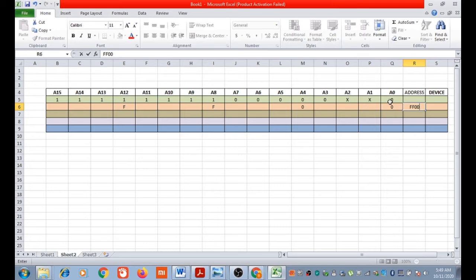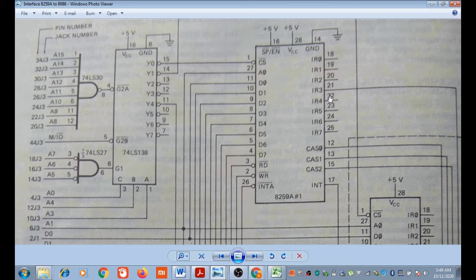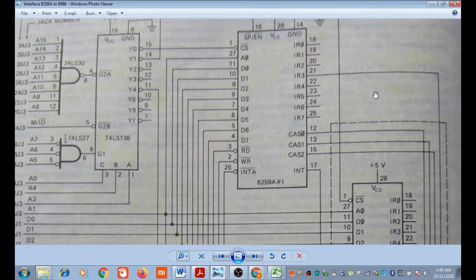We can decide the address because we are writing the program to manage the circuit. Okay. So if you place FF00 on the address lines A0 to A15 of 8086, 8259A 1 will be selected.